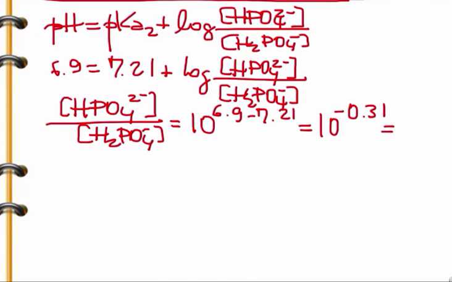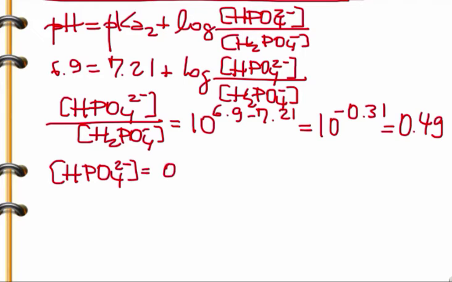That's 6.9 minus 7.21, which is negative 0.31. And this gives 0.49. So the concentration of HPO4 2 minus equals 0.49 times the concentration of H2PO4 minus.